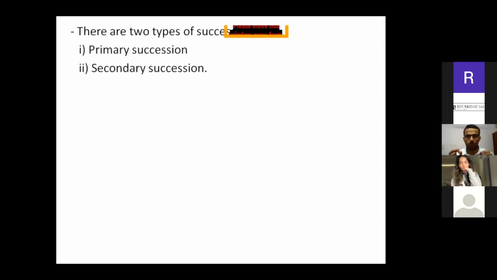Fine. So primary succession occurs on an entirely new habitat. Next point, it occurs on a lifeless habitat. So there should not be any life before primary succession on that particular habitat.